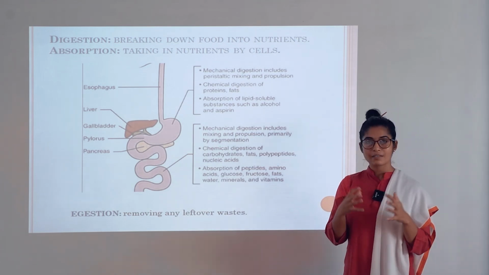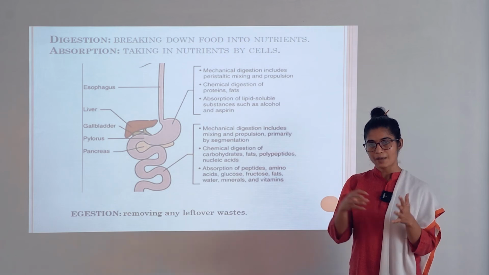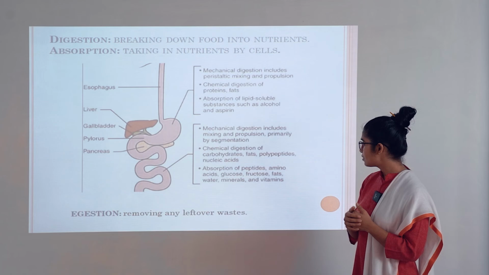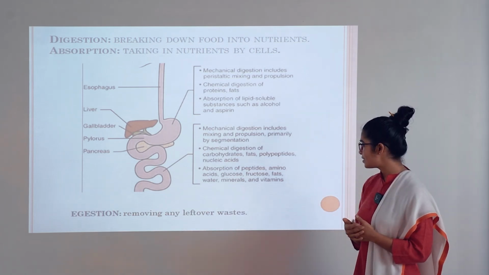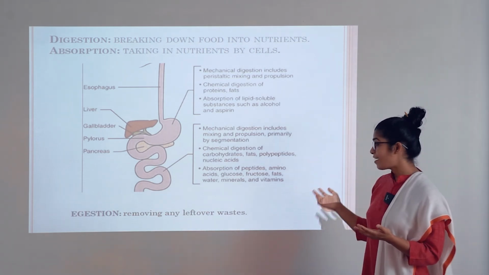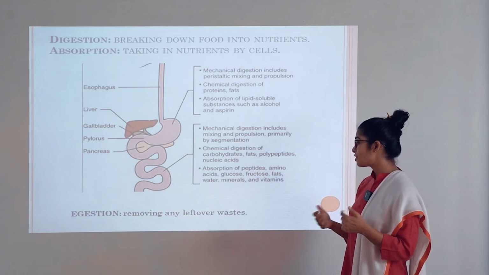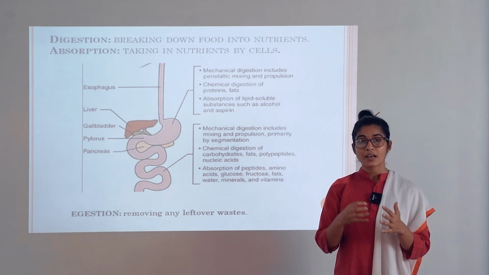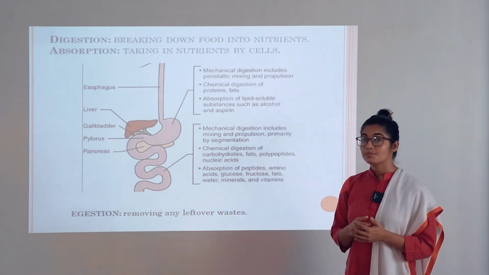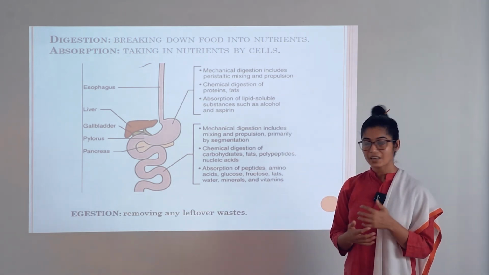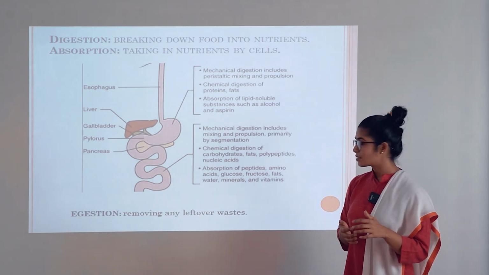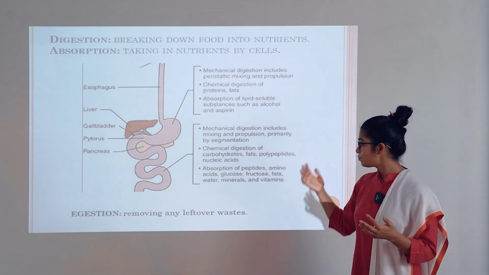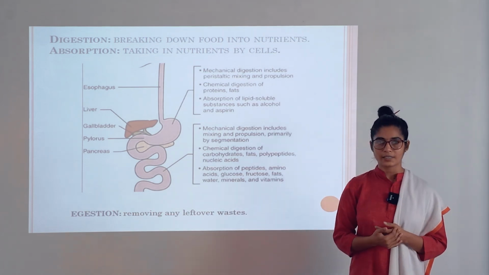Here these villi begin to absorb these micromolecules like peptides, amino acids, glucose, fructose, fatty acids, water, minerals and vitamins. All these nutrients are absorbed by the villi in the small intestine, and this is the complete process of digestion and absorption, completed here in the small intestine.